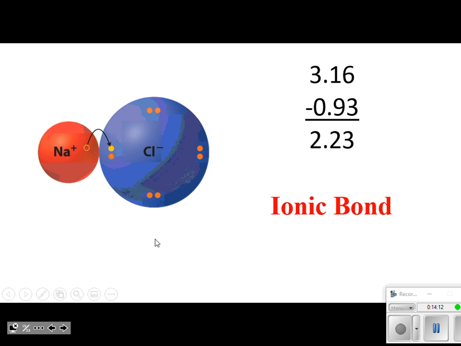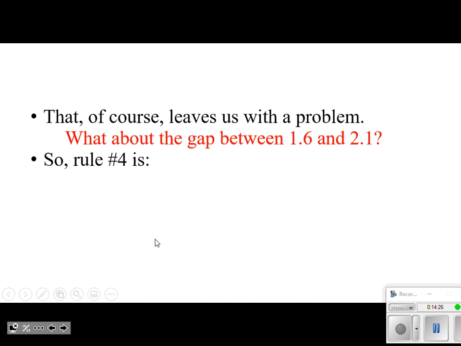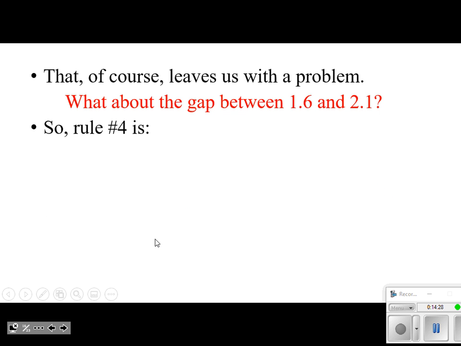Now, what's the problem? All right, Lauren says there's a gap between 1.6 and 2.1. Absolutely. So, we have a fourth rule to deal with, and that is when we fall in between 1.6 and 2.1.